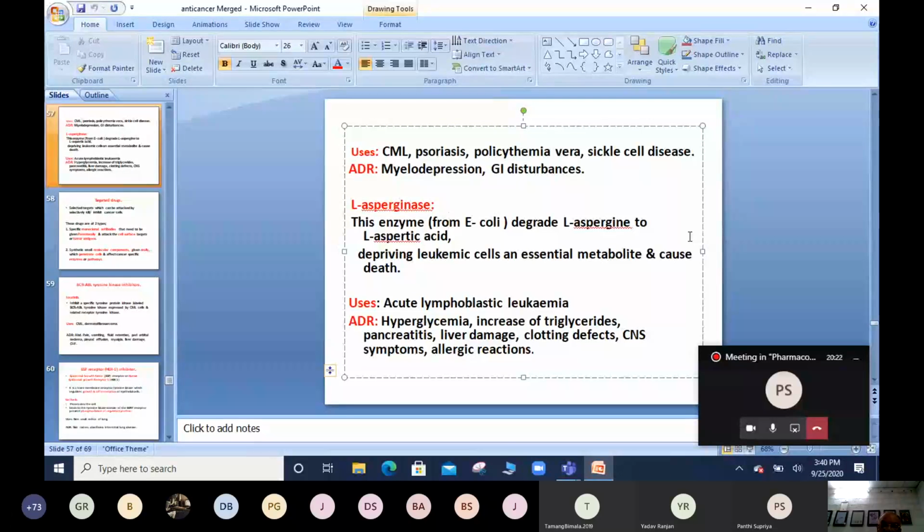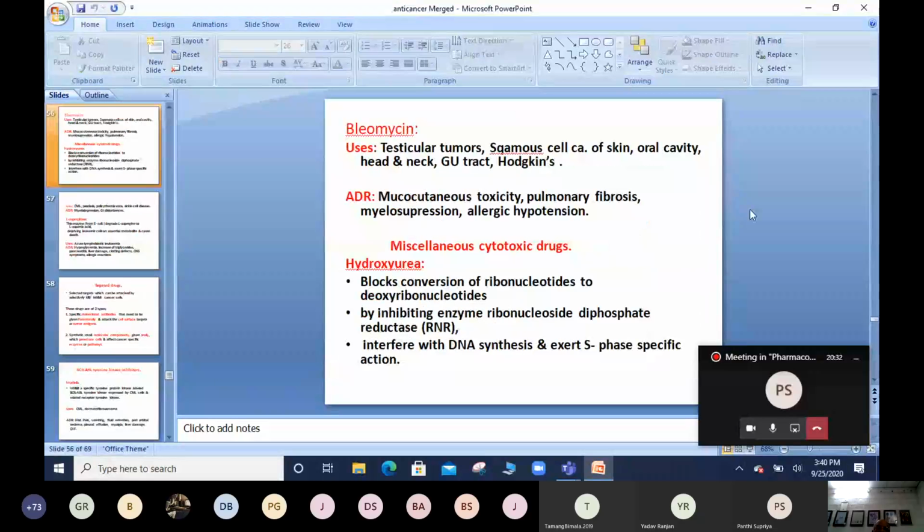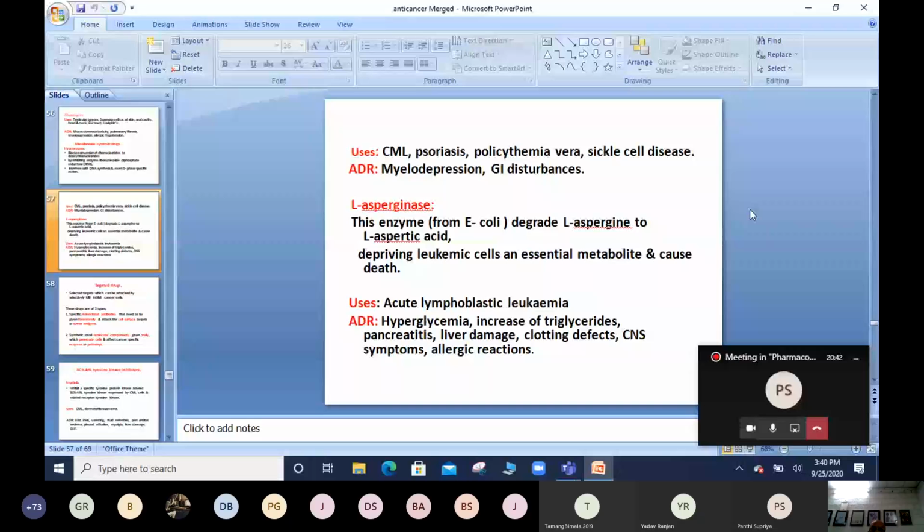Now another drug. That's what we were discussing, hydroxyurea. The next drug is asparaginase. This enzyme is obtained from E. coli. It degrades L-asparagine to L-aspartic acid.